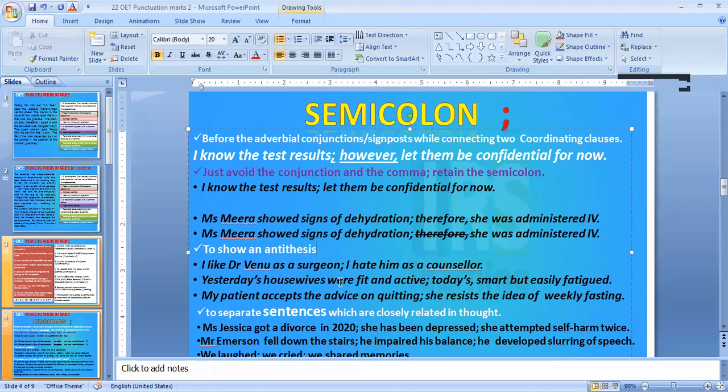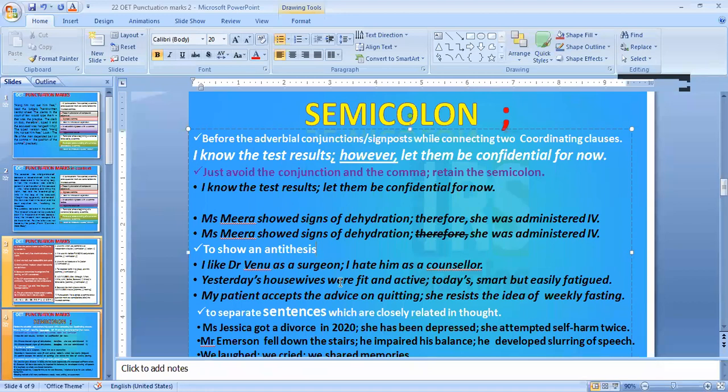Okay. Next one. You see a similar antithesis. Please read. My patient accepts the advice on quitting; she resists the idea of weekly fasting. Very good. What is the contrast? We see, she accepts on one side, she resists on the other side.